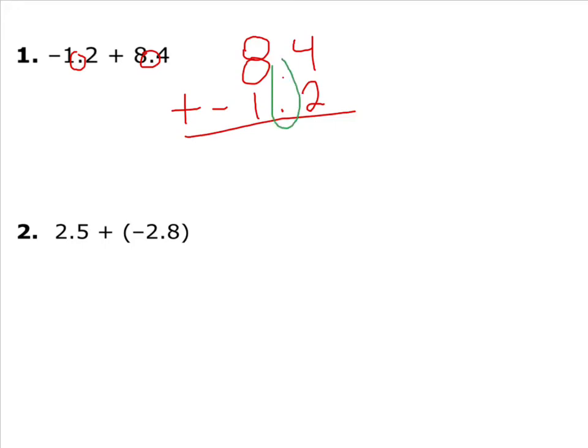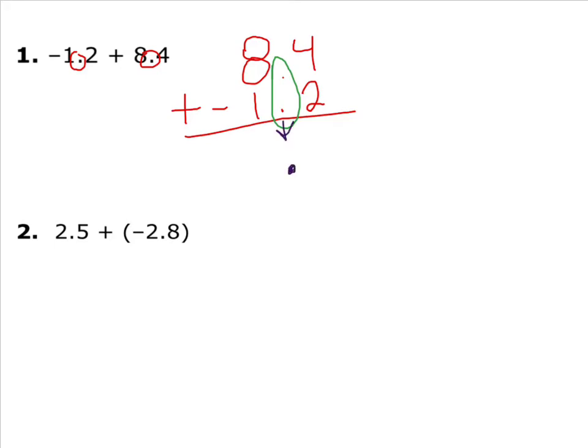That's my most important thing. Now I need to remember my integer rules. My integer rules aren't going to go away. I'm going to continue using these for the rest of the year. If I notice my signs are different, that means I have to subtract. My decimal's already lined up, and I'm going to just drop my decimal straight down.